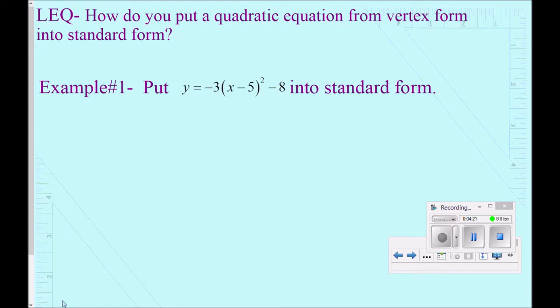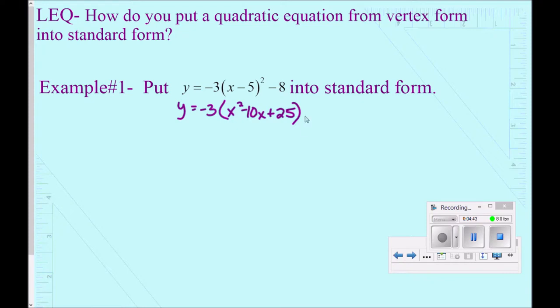So the first thing I'm going to do, following order of operations, is square the binomial. And I'm going to be careful to correctly square it. So we know x minus 5 times x minus 5 gives us x squared minus 10x plus 25. Think about first, outer, inner, last, or make a generic rectangle.